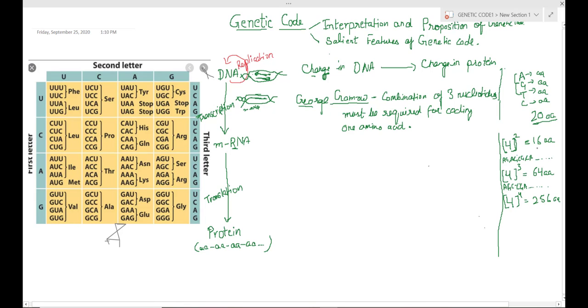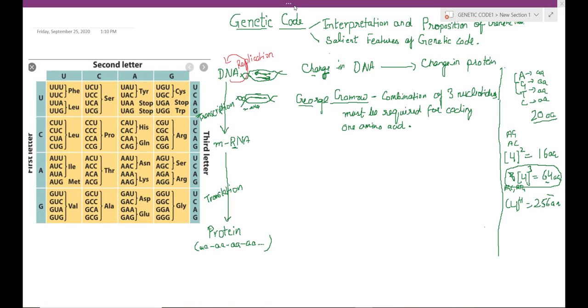So here we can see easily that 16 is less than 20, and 256 is much larger. 64 is a little larger, but only this possibility can occur. So George Gamow proposed that a combination of 3 nucleotides must be required for coding one amino acid.